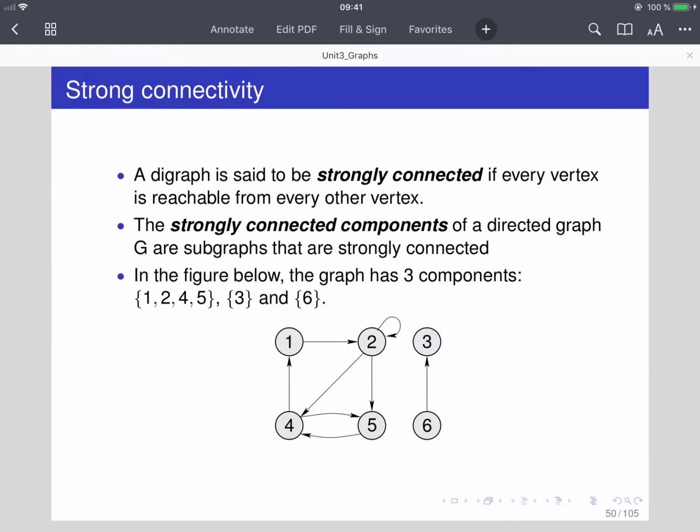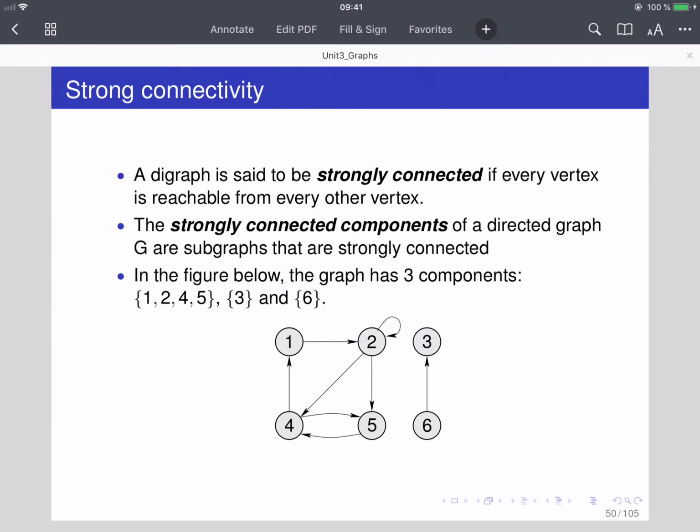Okay, strongly connected components are sets of vertices that are mutually reachable. So for any pair of vertices in the strongly connected component, U is reachable from V and V is reachable from U. And the strongly connected component includes all the vertices that are mutually reachable with the vertices in the set.